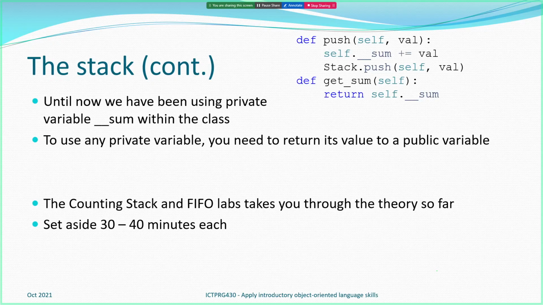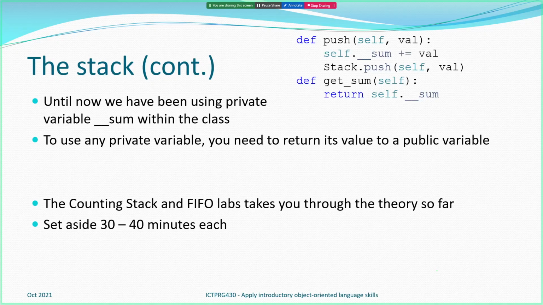Now, we're using a private variable within the class, so this can't be used outside of the class. So we need a way of extracting this variable that is private and making it public.